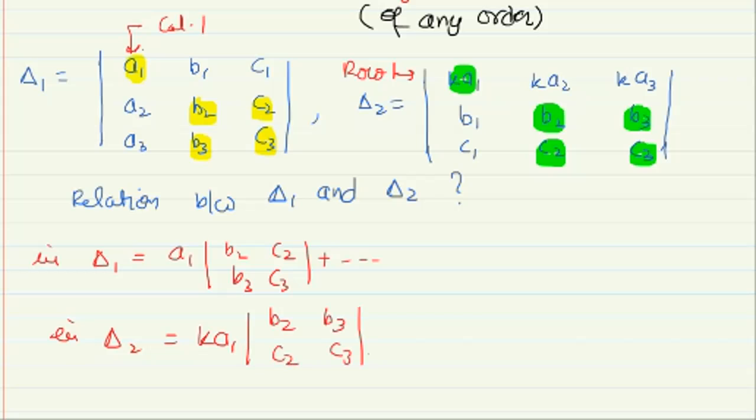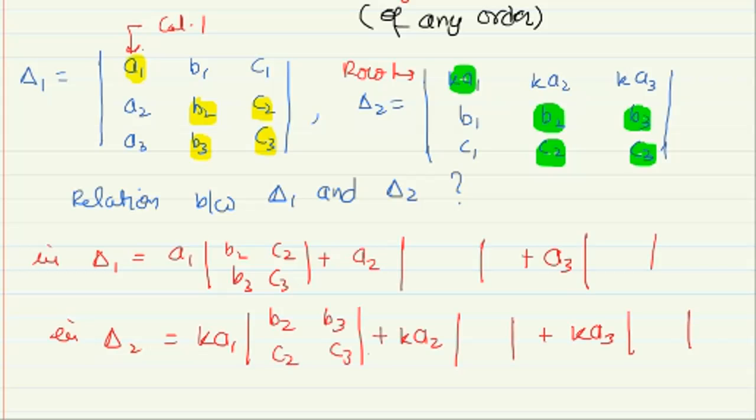Similarly here you will get a2 and then a3. Better you write it down yourself. Here also ka2 with its cofactor, and ka3 with its cofactor. So you will see that k is coming common, and this will be k times delta 1.